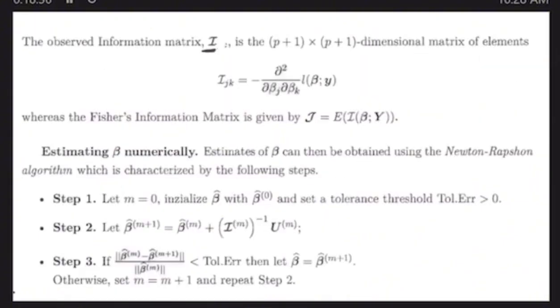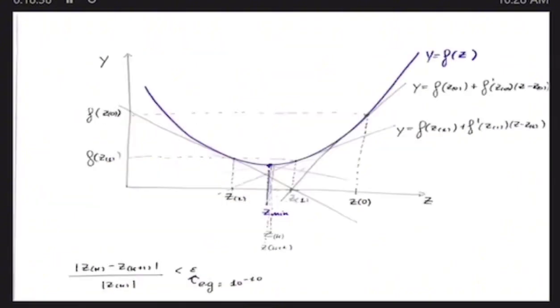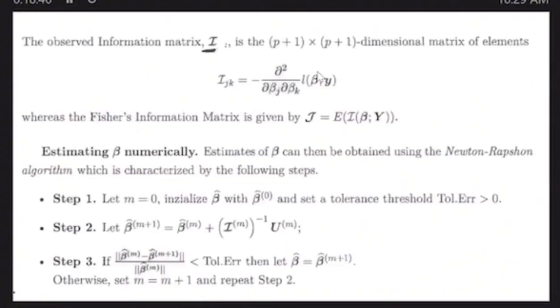We're going to do it until it converges, until the change is less than a certain threshold error value. After that we're going to take a second derivative, because we actually want to get what I call the Fisher information.